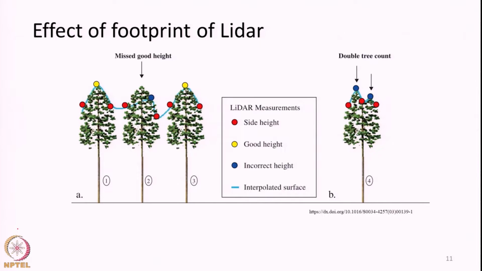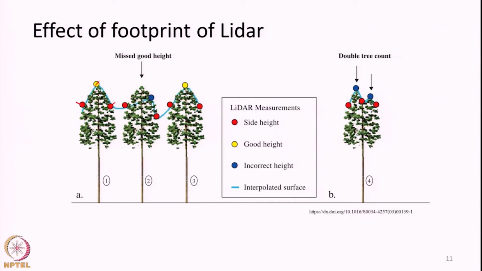See, another example for the footprint of LiDAR is given in this slide. Here you have a bunch of trees with a small footprint LiDAR system looking at it. Let us say we have many small footprints, here there is one footprint, here there is one, and so on.